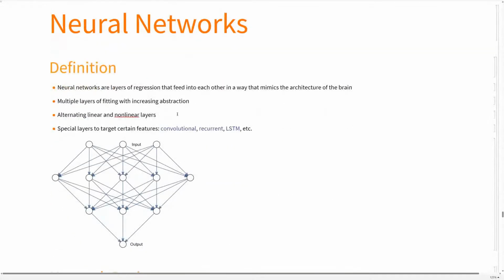All right, now let's look at neural networks. Again, machine learning and neural networks are words used interchangeably, but it's the same idea. We have the inputs, and the neural networks are layers of regressions that feed into each other so that it mimics the architecture of the brain.